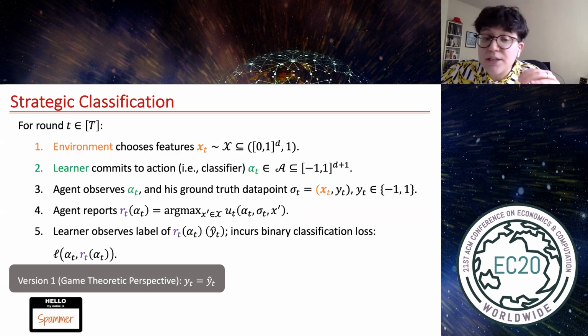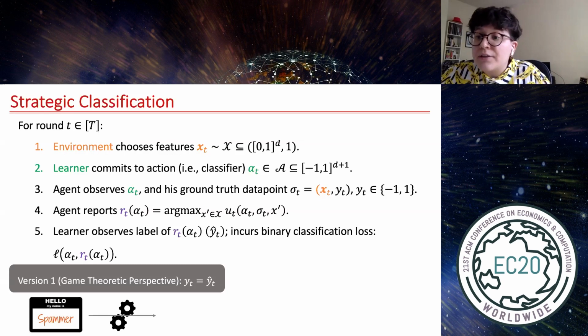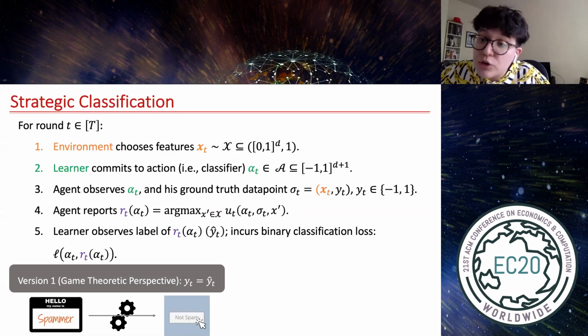Well, because this setting is mostly motivated by spam emails, where if you're a spammer and you see the classifier that an email provider has, then you will change your email just so that you pass the classifier as non-spam, but you still are a spammer. You get no utility for being a good citizen and changing your email from spam to non-spam. So this is the game theoretic motivation.